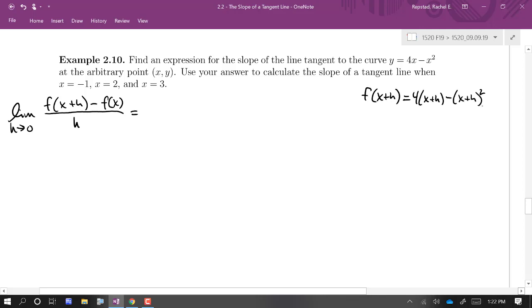Do a little algebra. Let's expand this out. Let's see, x squared plus 2xh plus h squared, and then distribute that negative.